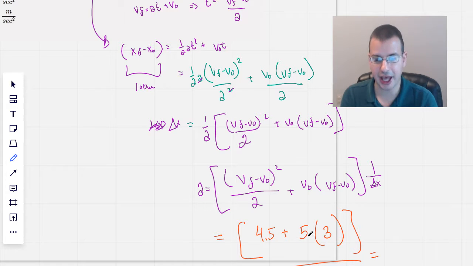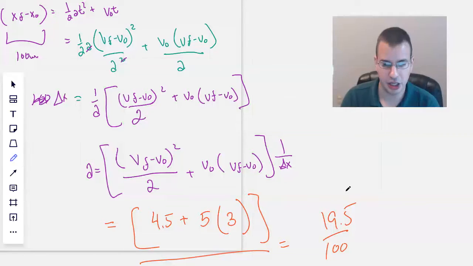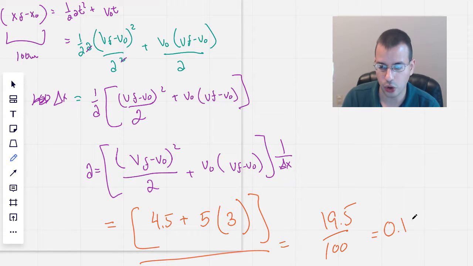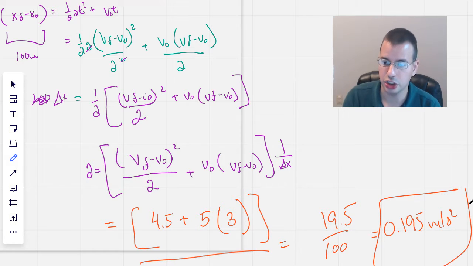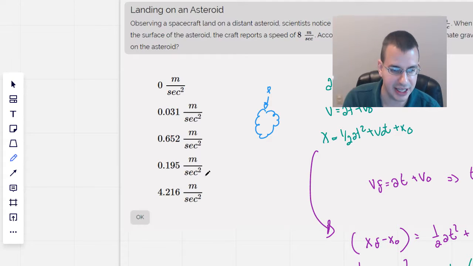So we have 15 plus 4.5, which is 19.5, divided by 100, which gives us 0.195, and this will be in meters per second squared. Okay? Aha! You can have it as an answer.